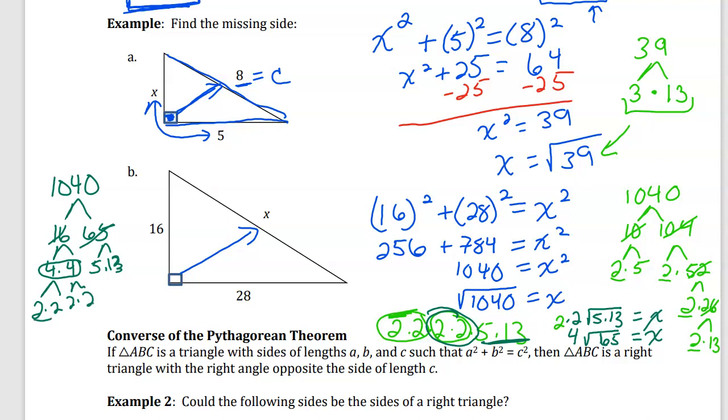So I still end up with 2 sets of 2 that go on the outside. It still breaks down into the same prime factors when you're working with radicals. Okay? 4 square root of 65 is the exact value for x. The approximate value would be 32.25.